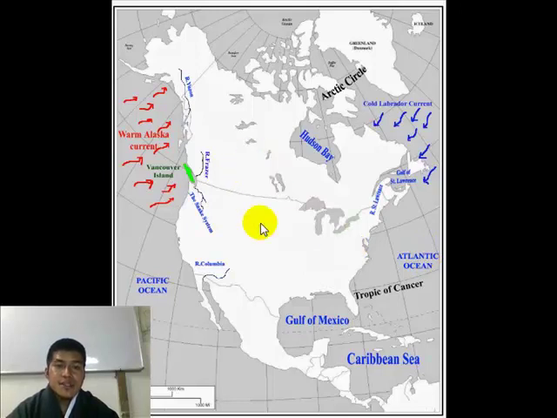Hence, the region in the middle, the central lowlands, are deprived of the oceanic influence. And also, the central lowlands come under the influence of cold polar winds in the winter.